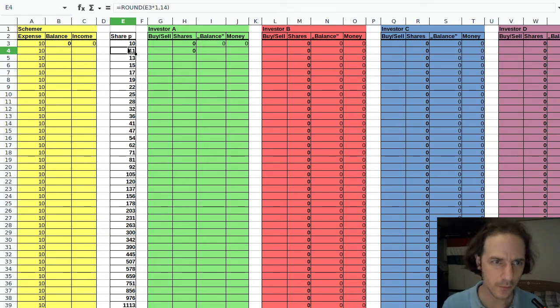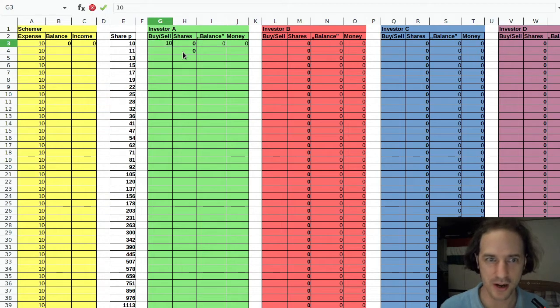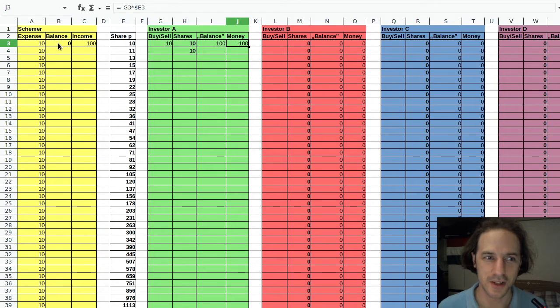So 14%, not that bad, right? So here, I'm just substituting these Ponzi notes with a share price. So you buy shares, and if you buy 10 shares here, then you will pay 100 units of currency for it, etc. And so let's take a look at how the balance of our schemer is going.